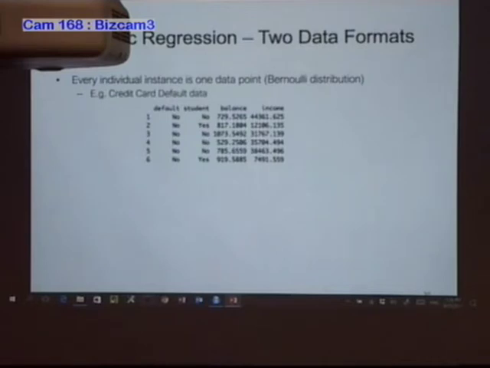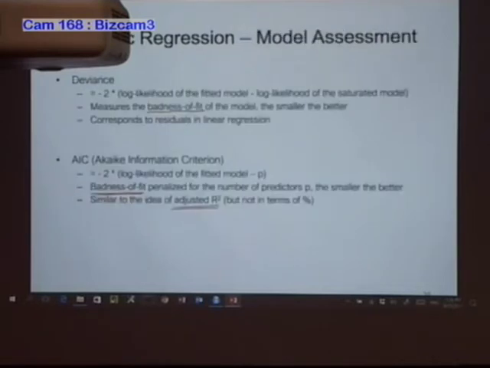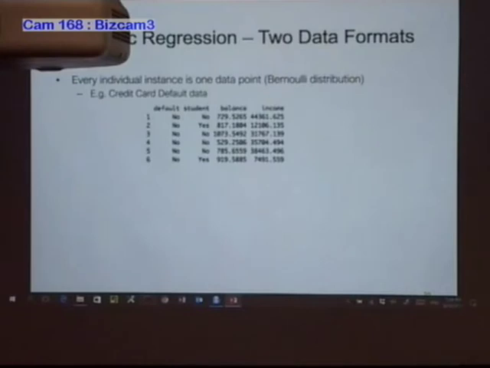Okay, so then we have several little details we need to worry about. First thing is when we do classification, binary classification especially, there are 2 types of data we may encounter. The first type of data is nicer. It's the credit default data we have been talking about earlier.